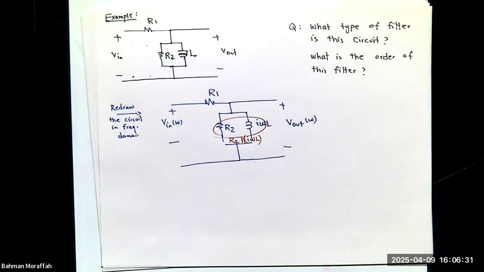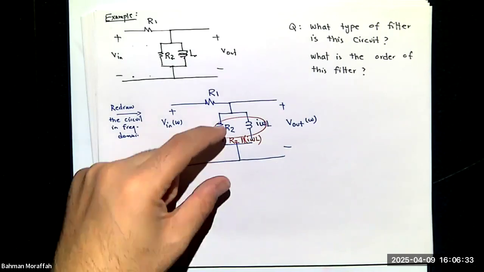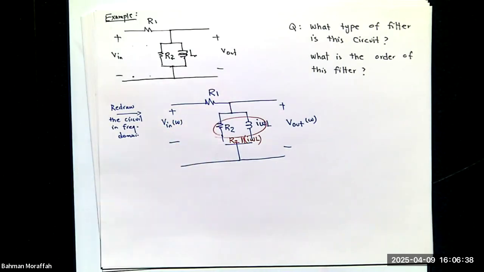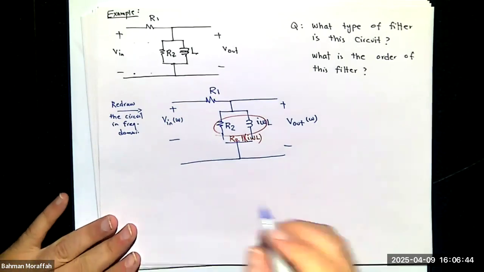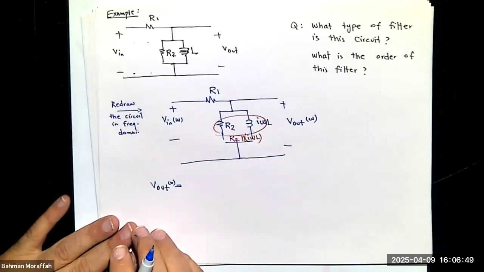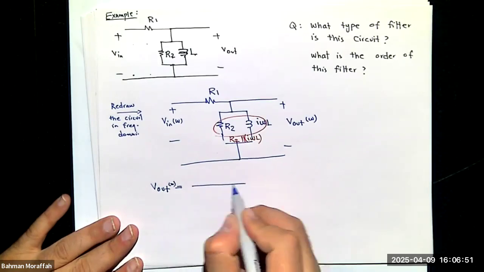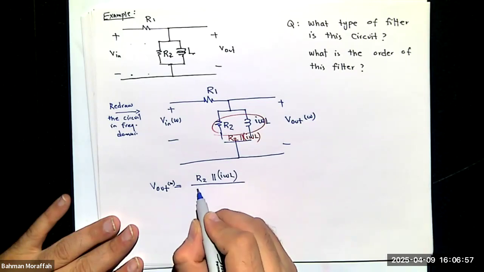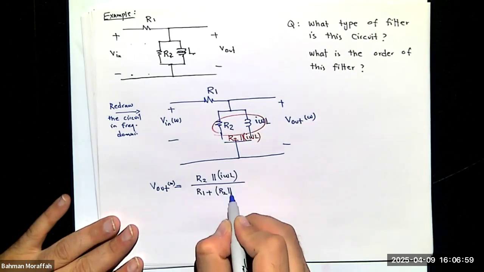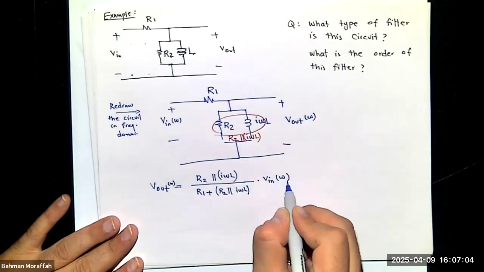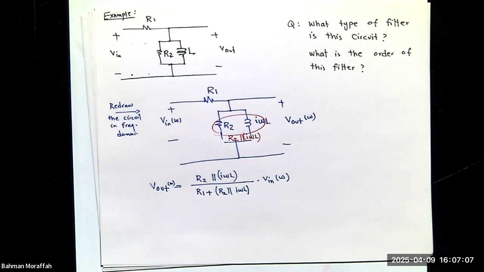Right? What is V out then? V out is the voltage across these two. How do I compute it? It's a voltage divider. So I know V out is R2 in parallel with i omega L, divided by R1 plus R2 in parallel with i omega L, times V in.